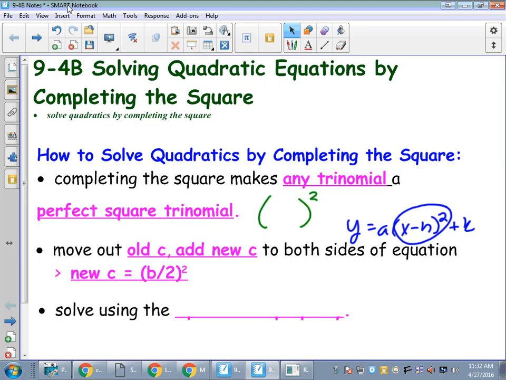Like I said yesterday in class, we're just taking two old concepts and combining them. Once you get it perfect squared, you're just going to use the square root property like we did before. Beyond that point, once we get the quantity squared, we're going to do what we did the day before. So we just have a couple extra steps in the beginning of our process.